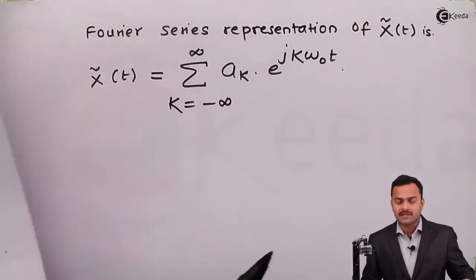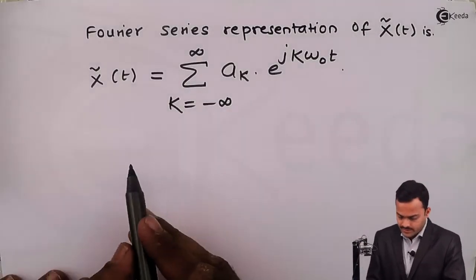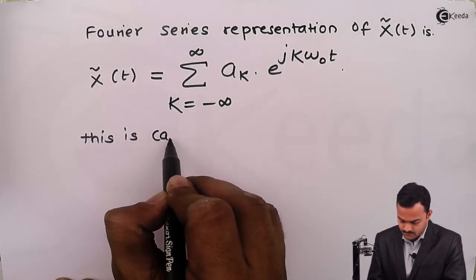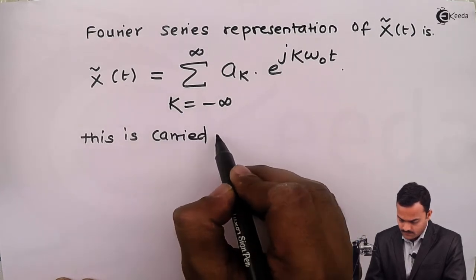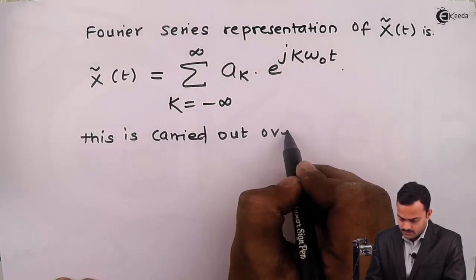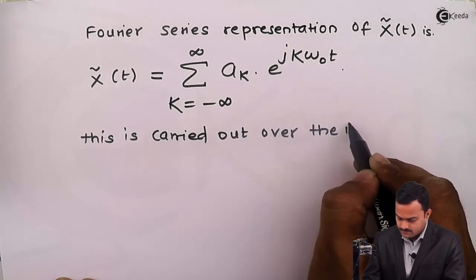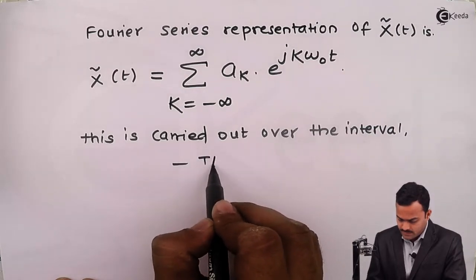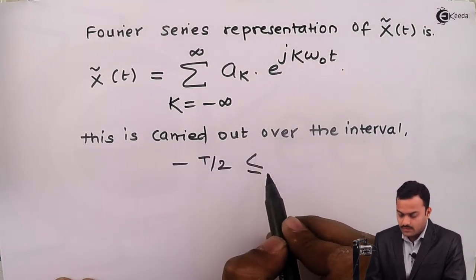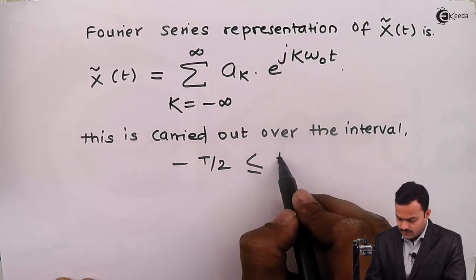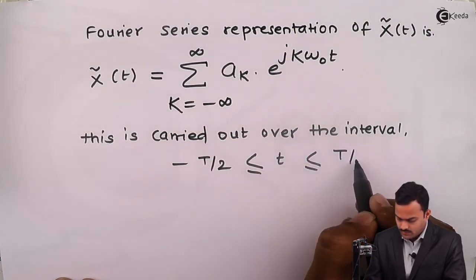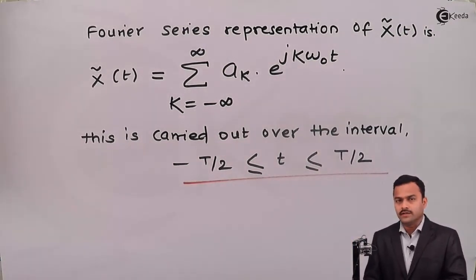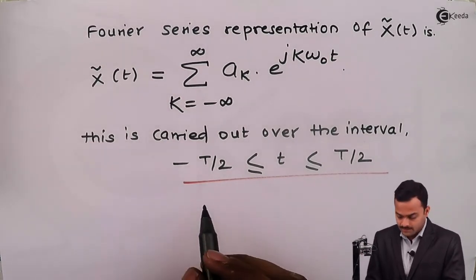So that time period will be capital T. So this is carried out over the interval minus T by 2 less than or equal to t less than or equal to T by 2. This is the interval we have considered for the Fourier series expansion of x bar t.